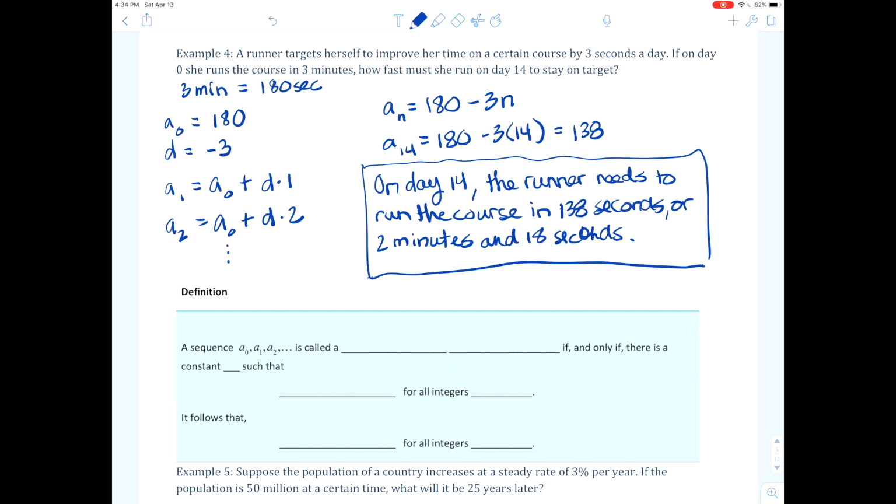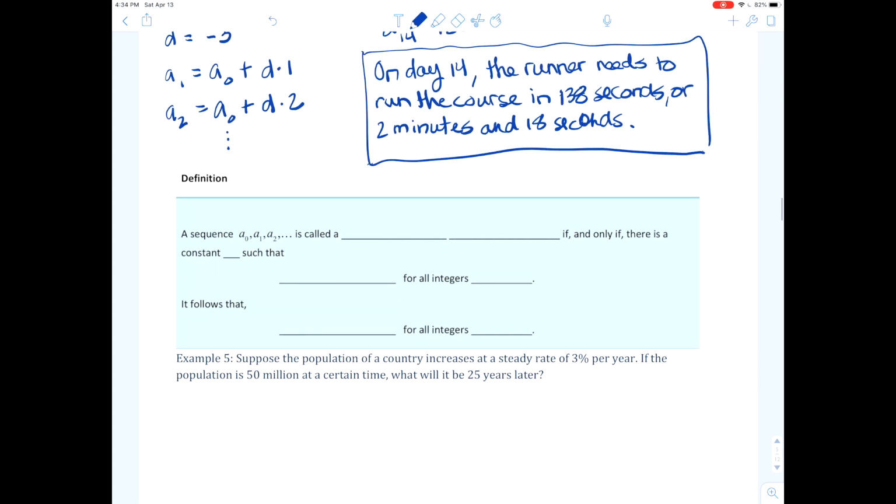All right. Okay, so now let's look at geometric sequences. A sequence A0, A1, A2 is called a geometric sequence if and only if there is a constant r such that a sub k is equal to r times a sub k minus 1 for all integers k greater than or equal to 1.